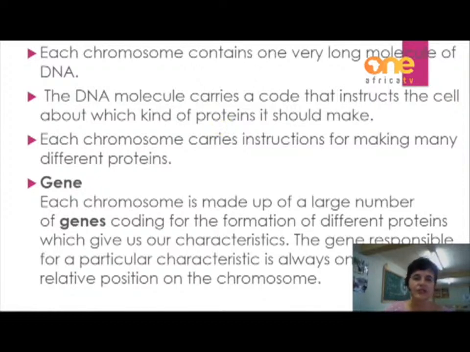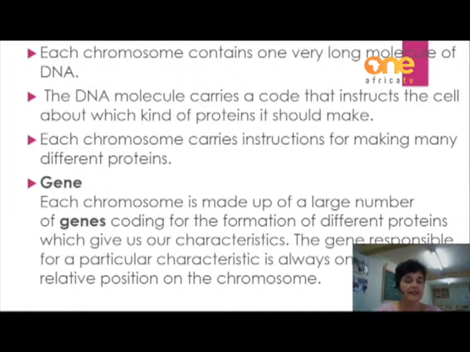So, each chromosome contains one very long molecule of DNA. The DNA molecule carries a code that instructs the cell about which kind of protein it should make. Each chromosome carries these instructions for making many different proteins.